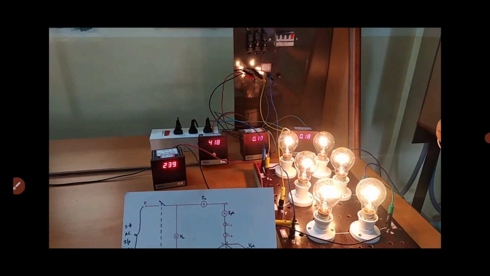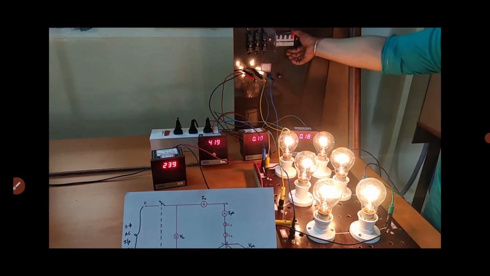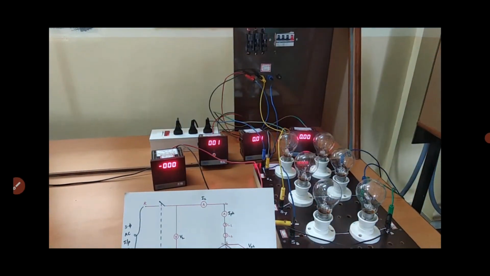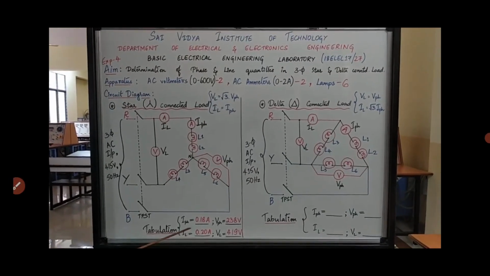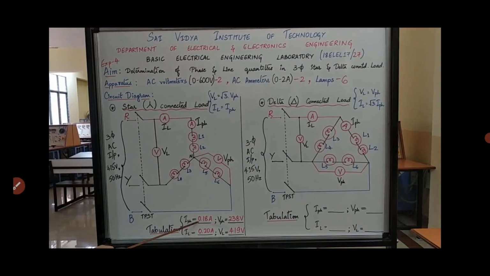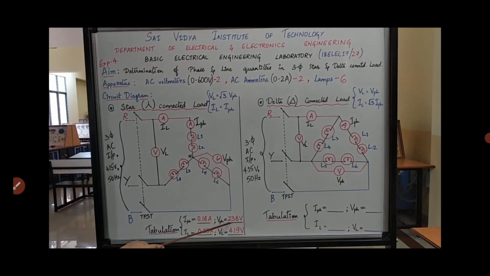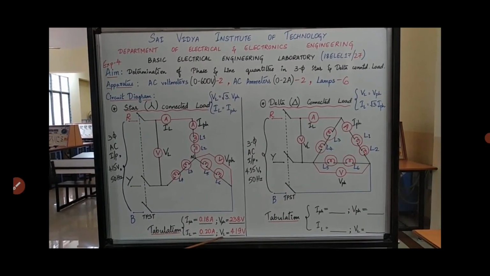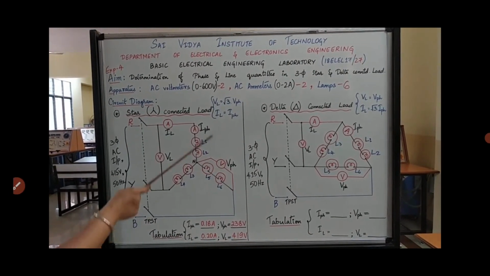Then we can similarly take the further reading. Then the IPH is 0.18, VPH is 238 volt, IL is 0.20 ampere, and VL is 419 volt.